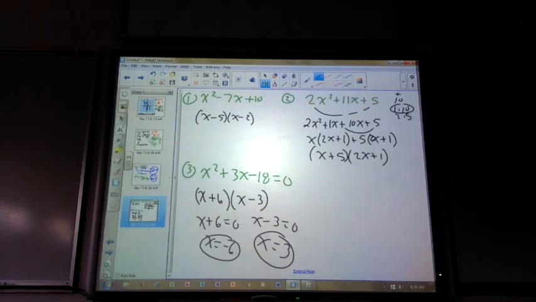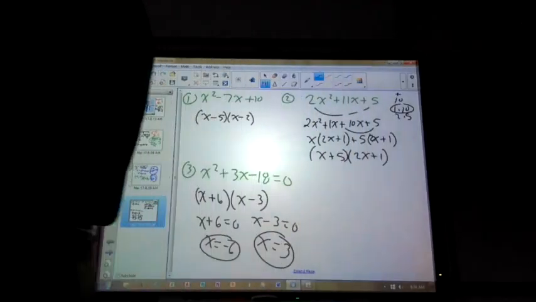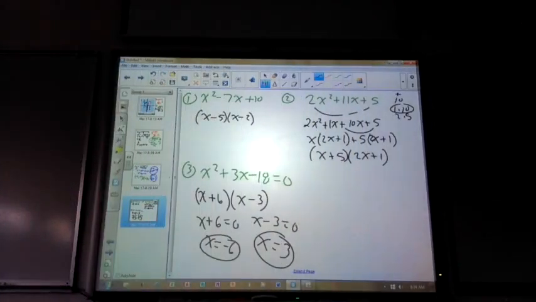If you're doing it the longer way, you should get the same answer as well. Any questions on 1, 2, or 3? Kind of a review. Some of you might have slipped a little bit, but perhaps it came back to mind, going, "Oh yeah, I remember doing that now."